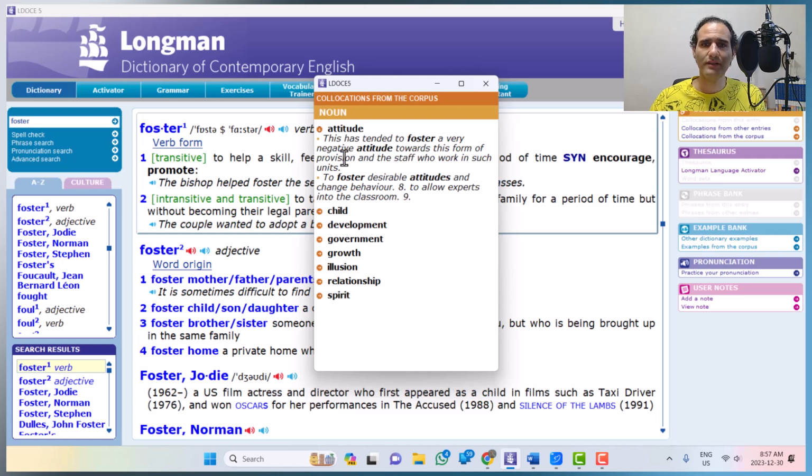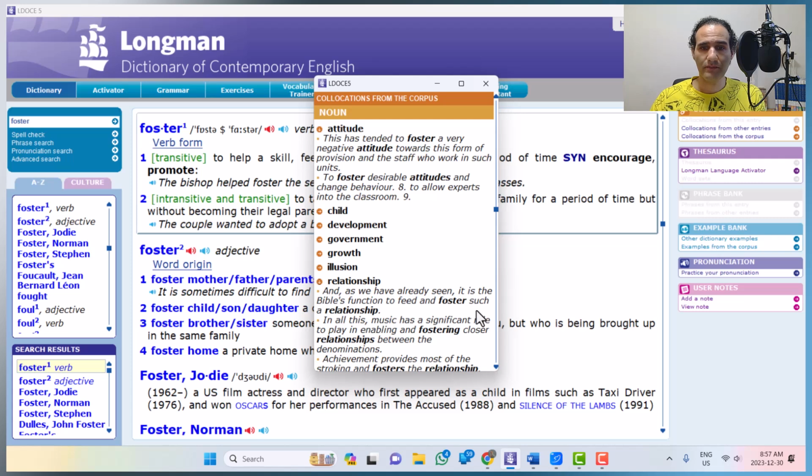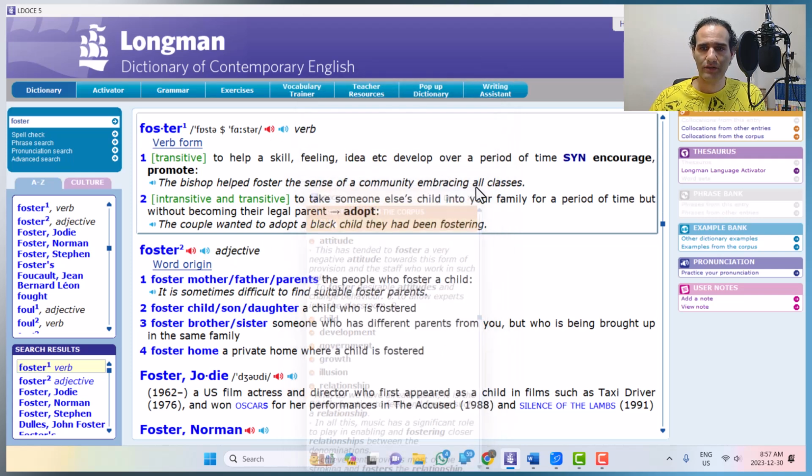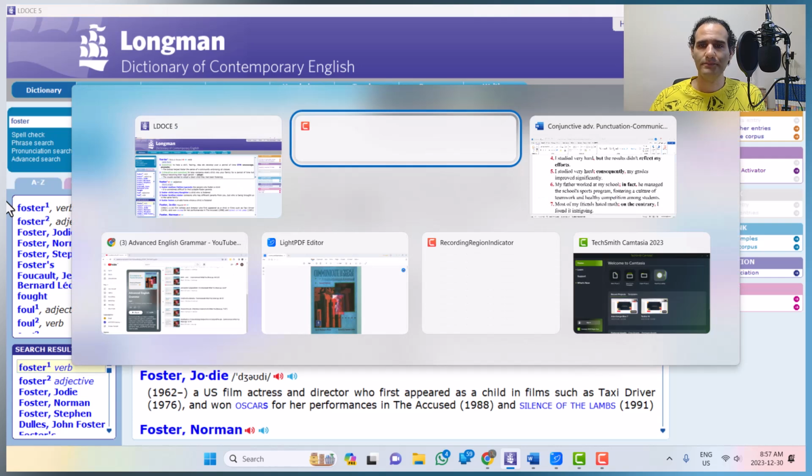So foster negative attitude means create negative feelings, negative attitudes. Or foster relationship, very beautiful. Foster a relationship, foster closer relationship. So this is how you can use your dictionary to serve you even better, okay?